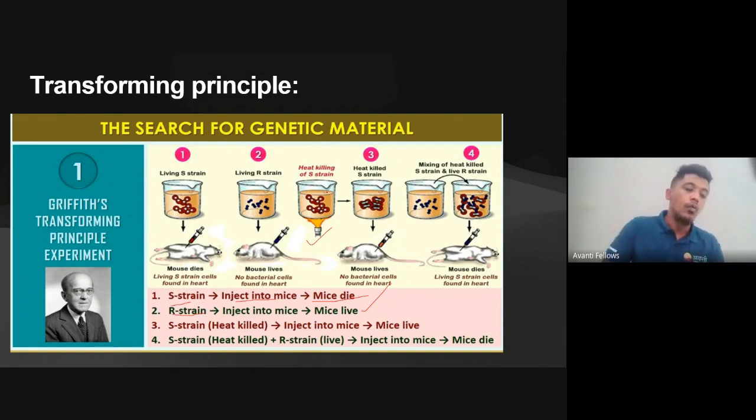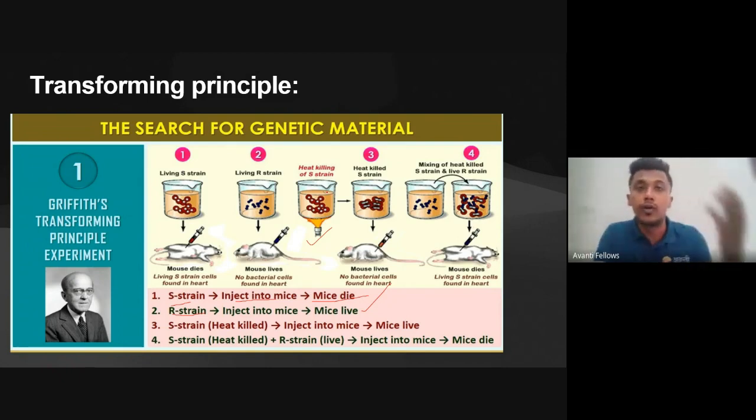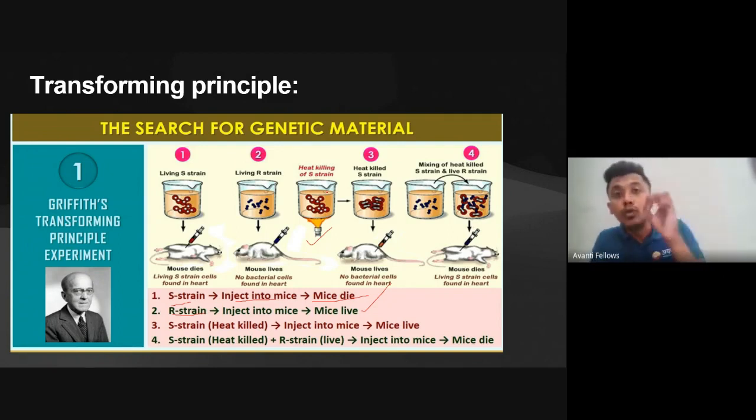That means whenever we take the smooth strain bacteria, put it in a beaker, and suddenly increase the temperature to 40 degrees and then take it out from that heat, this heat shock will make them lose the genes, or the DNA, that is responsible for them to cause the disease.